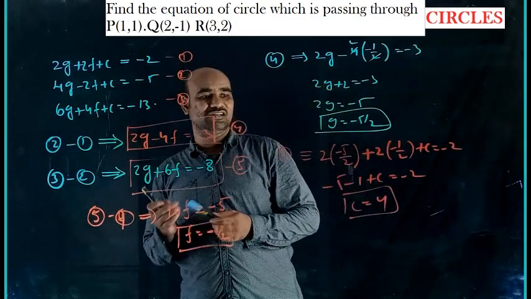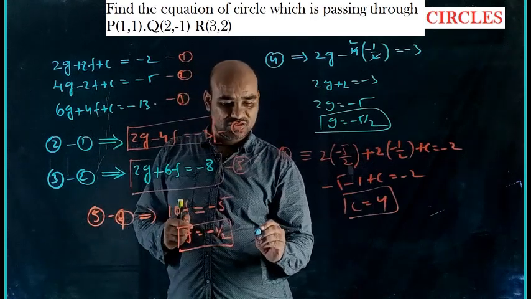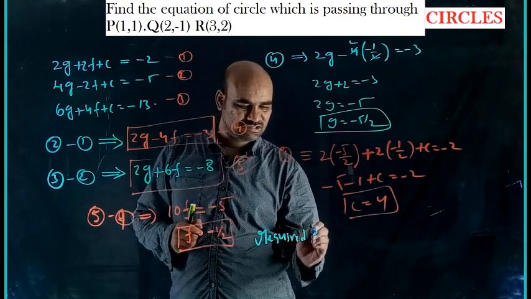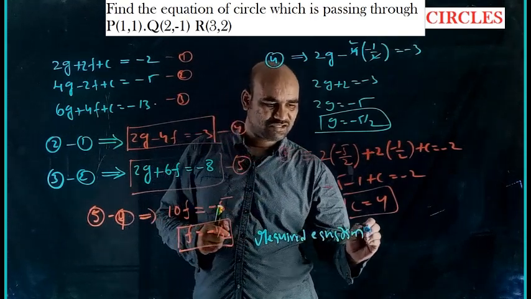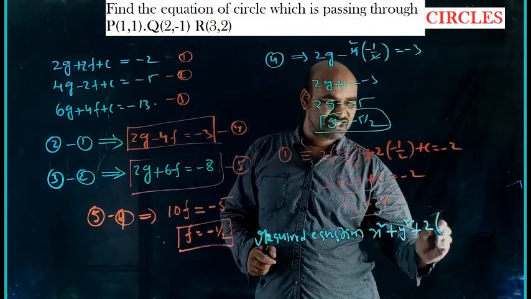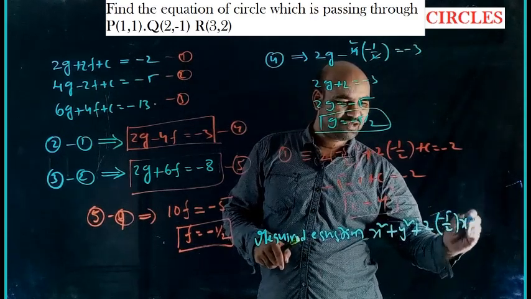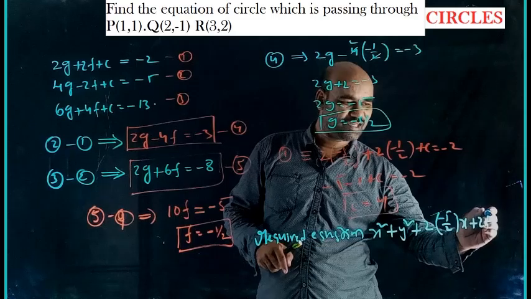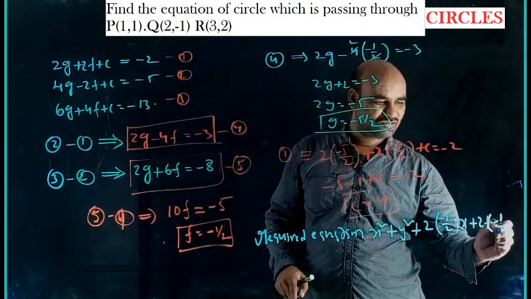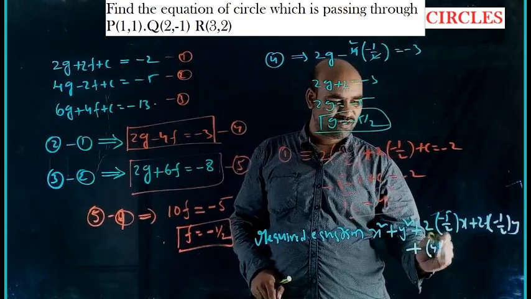Now I can write the required equation of the circle. Okay. So required equation. x square plus y square plus 2g, minus 5 by 2 into x plus 2f. f means what here? f means minus 1 by 2 into y plus c. c means 4 equal to 0.